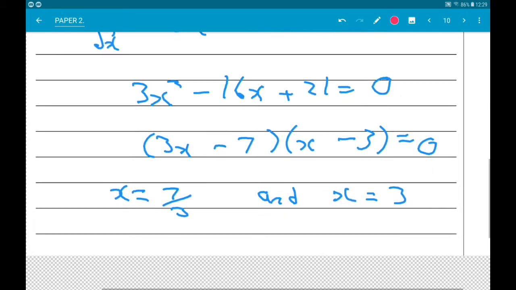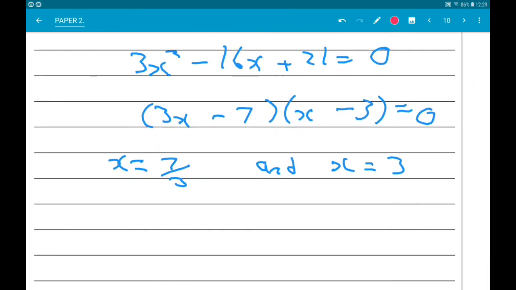So, when x is 7/3, your y is 7/3 minus 2 times 7/3 minus 3 squared.